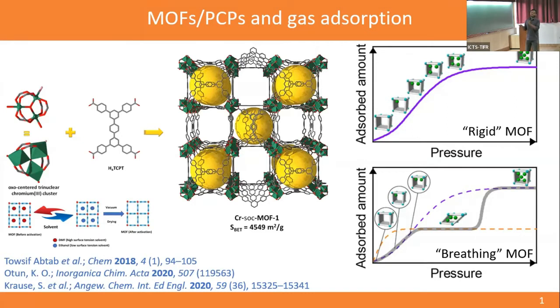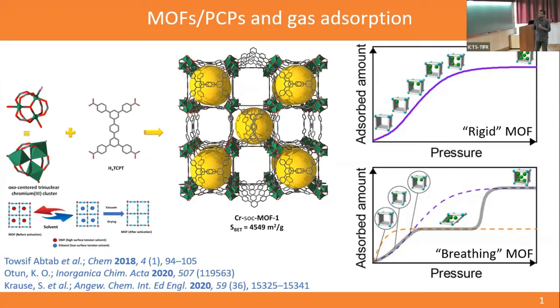There's a sudden rise in the uptake amount with a small change in pressure. The advantage of having a step in the isotherm, especially in the context of pressure swing adsorption, is that with a small change in the pressure, you can release or adsorb a significant amount of gas from or to the MOF material.